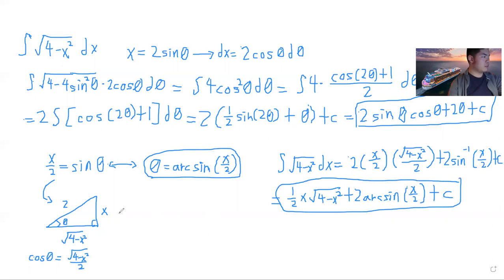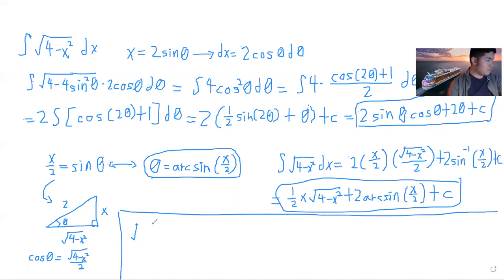So here is the general case when doing trigonometric substitution. When you have a squared minus x squared in the integrand, then basically say that x is equal to a sine theta or a cos theta. Both will work.